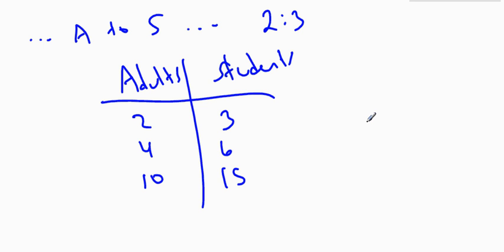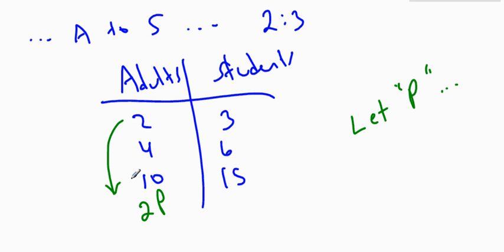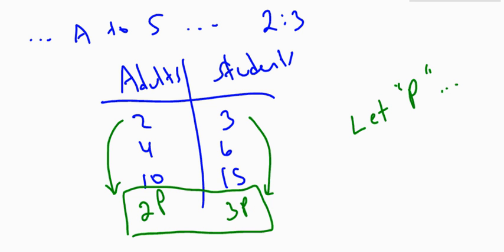Let's pick another letter, P. If I have 2P adults, then I have 3P students. Now I can actually use these as numbers because 2P is an actual value, as opposed to the ratio 2 to 3, which is just a ratio.